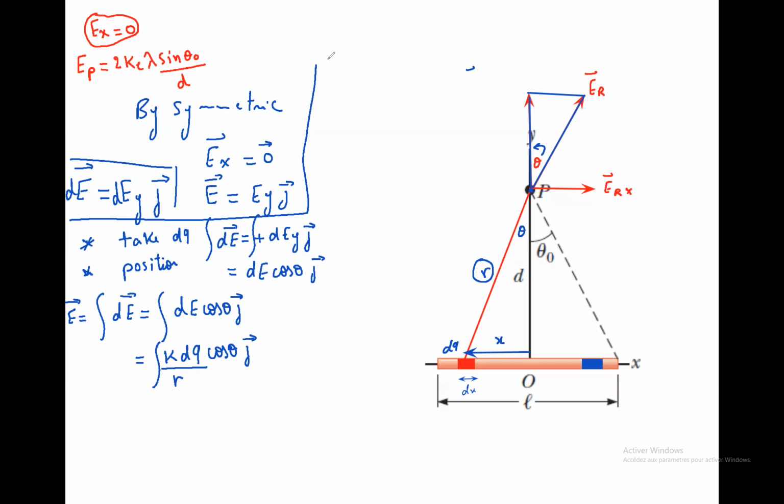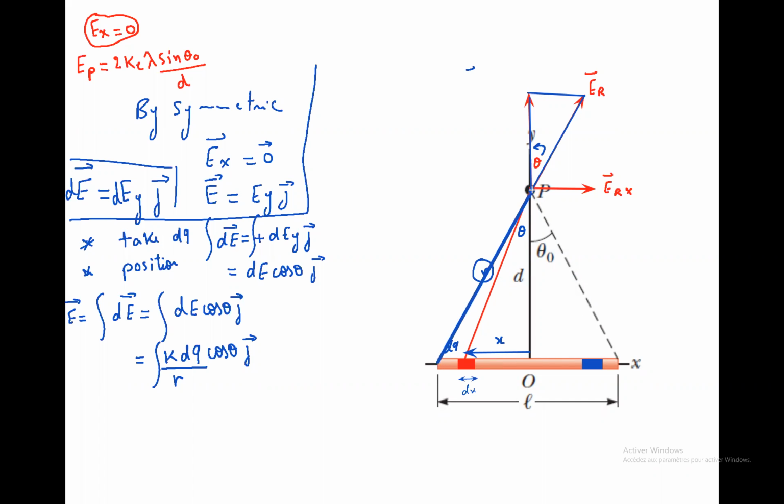Look, if we change the position of dq from here to here, from one extremity to another extremity, what's happening here? You will get R will change. So we have to substitute the value of R.